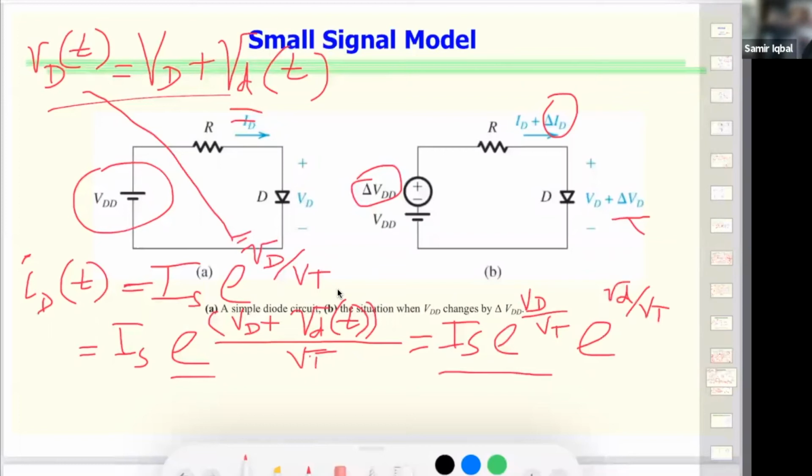So I can just replace that, and I can write it as the current through the diode, just as is, times e to the power small signal divided by threshold voltage.